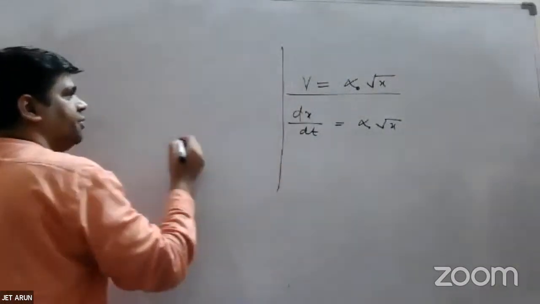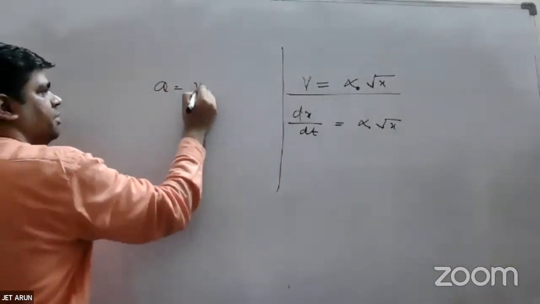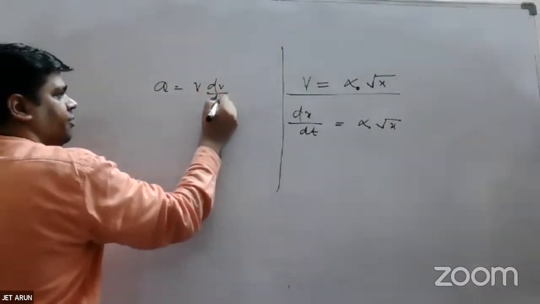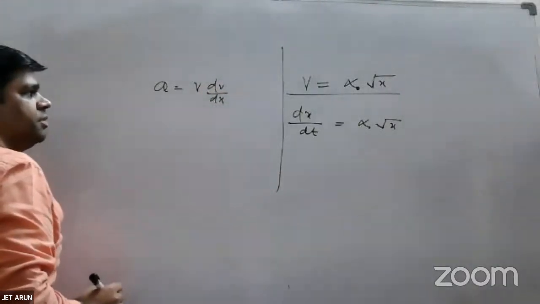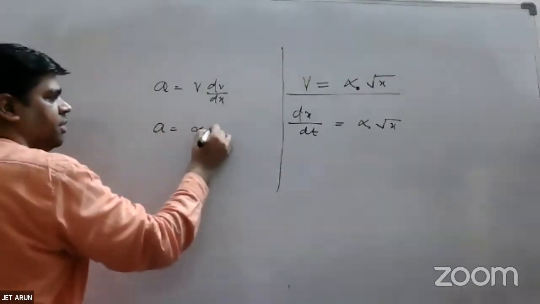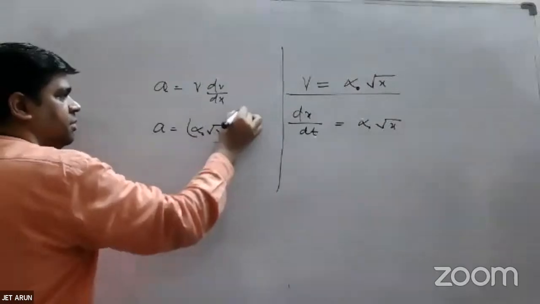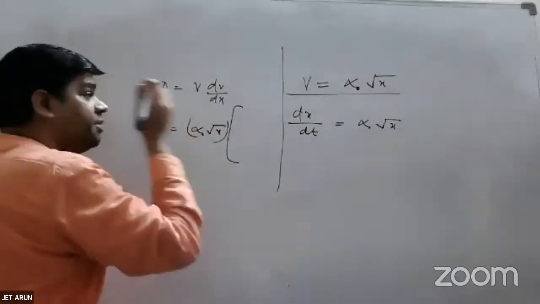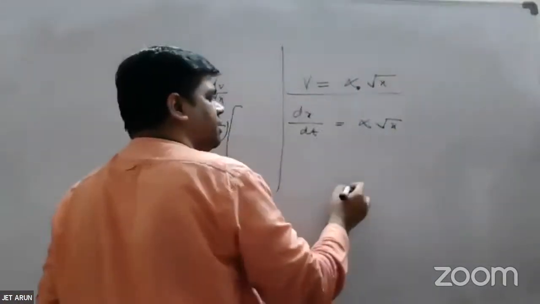And if I want acceleration, what can I do? Acceleration is nothing but v dv by dx. Then acceleration is equal to v, which is alpha root x, into dv by dx. Can you tell me what is the derivative of alpha root x?